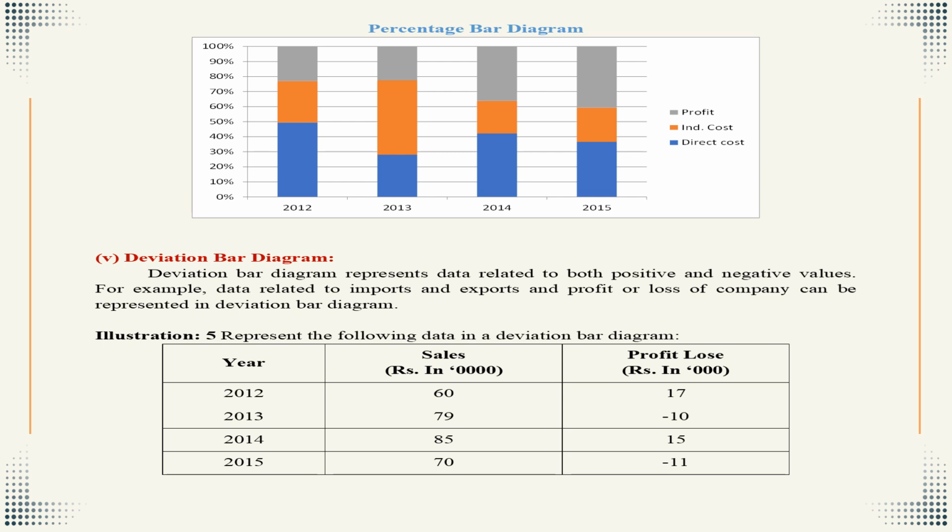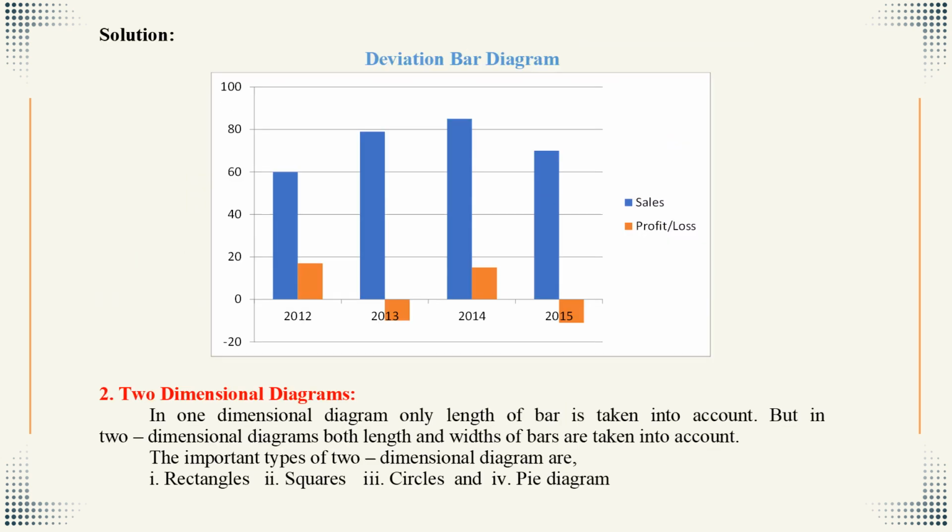Sales and profit for different years have been taken into consideration. As we have seen in the deviation bar diagram, there may be a chance of negative values also. Negative value means it will go below the x-axis. The x-axis is represented with the 0 point, and any minus value would come below that.